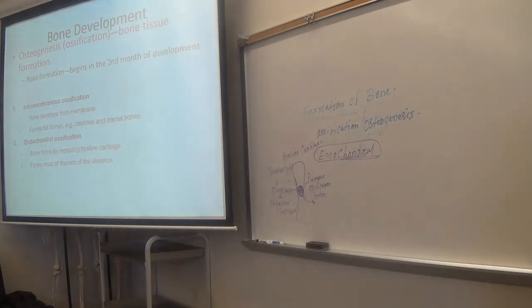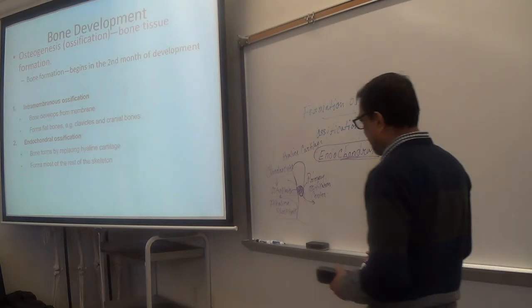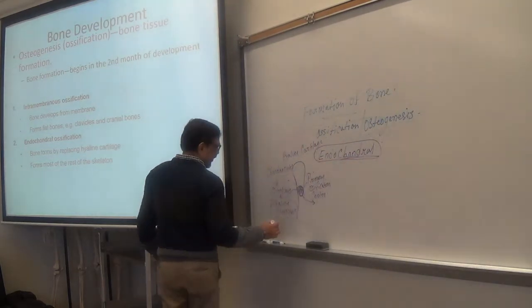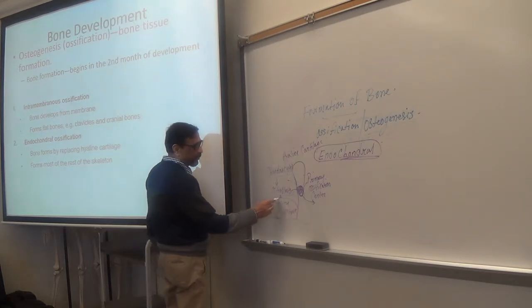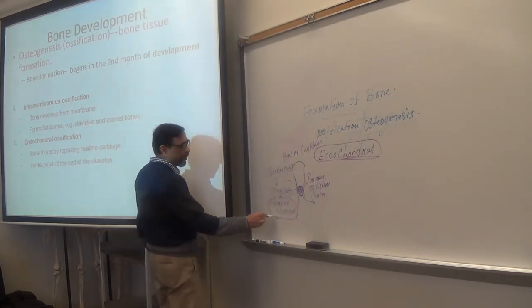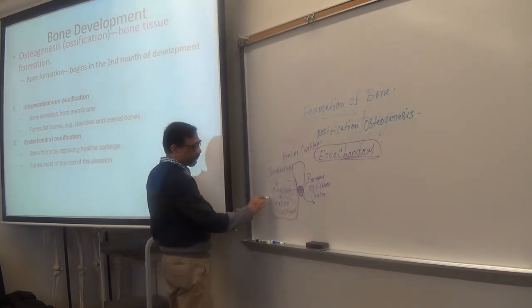You can write it down, that alkaline phosphatase helps in deposition of minerals. The main minerals are calcium and phosphate. We have talked about that. Okay. So alkaline phosphatase helps in mineral deposition.